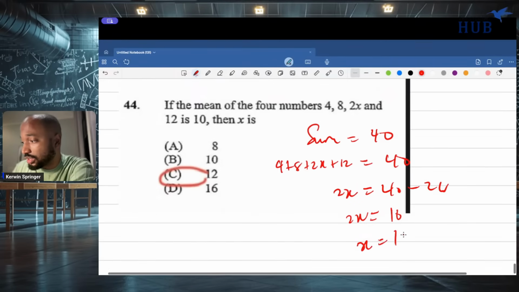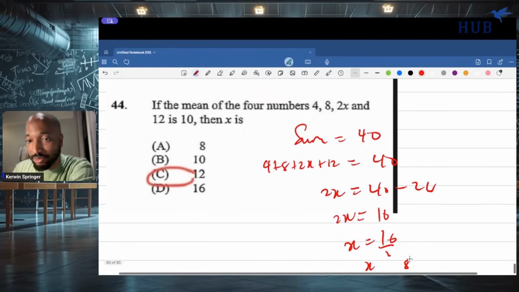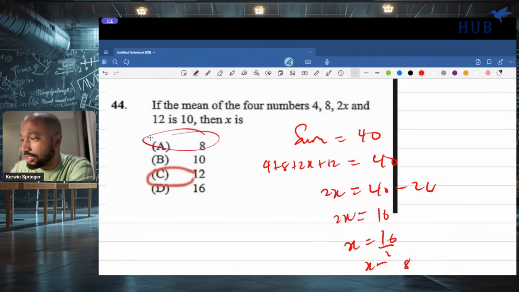X is equal to 16 divided by 2. X is equal to 8, my brother. So I'm going to double check this. The mean is 10. So 4, 8, 16, 12, 16 and 6 more, 4 is 6 more, 2 more, 2 more. Yeah, so x is 8. So this is wrong. You had the wrong answer there. A is the answer. It's not D, it's A.